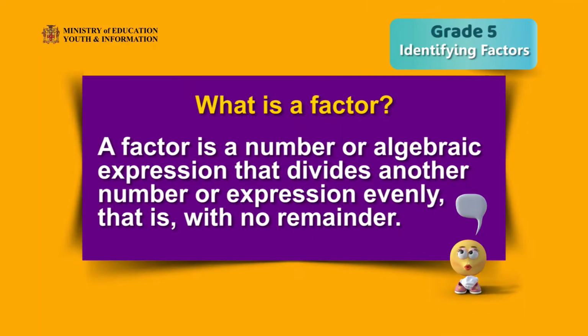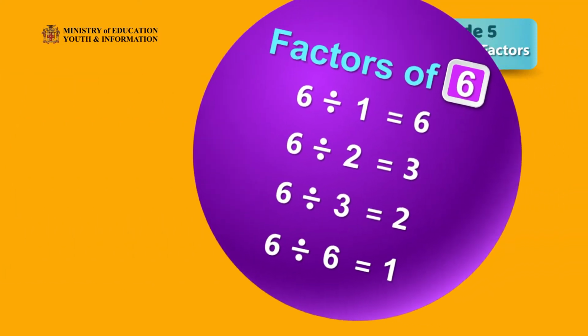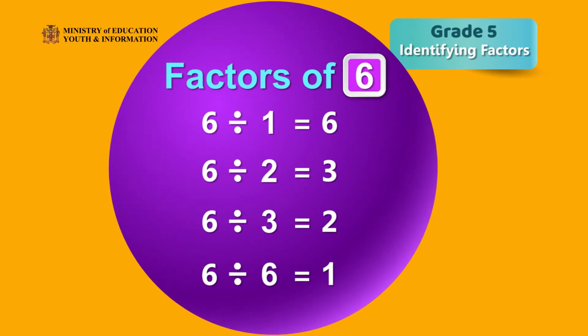In mathematics, a factor is a number or algebraic expression that divides another number or expression evenly, that is, with no remainder. For example, 6 can be evenly divided by 1, 2, 3, and 6.